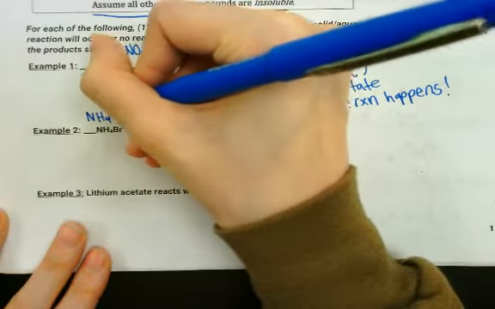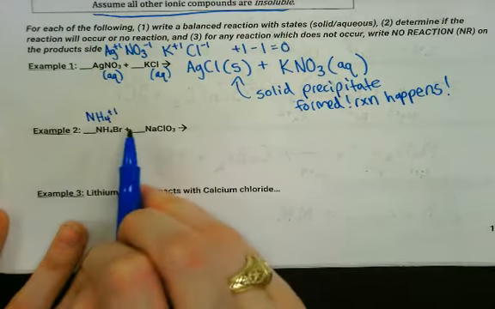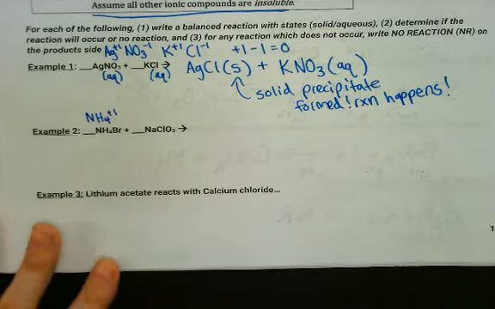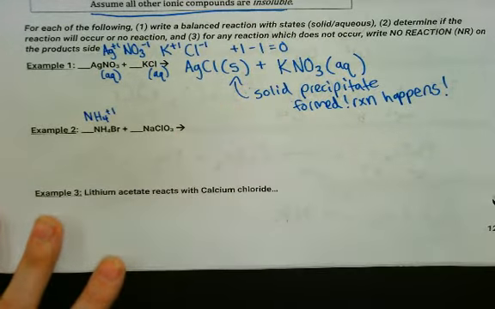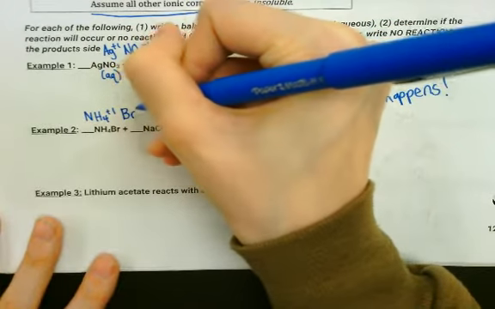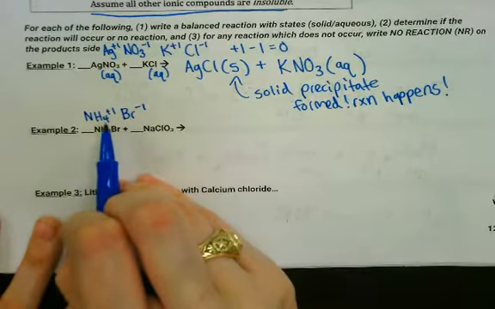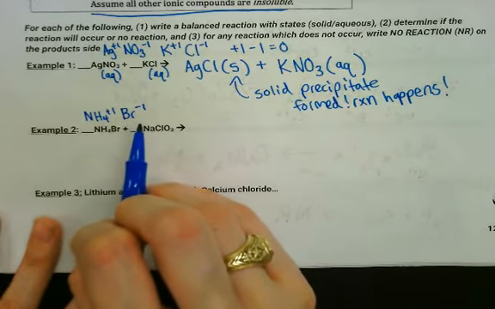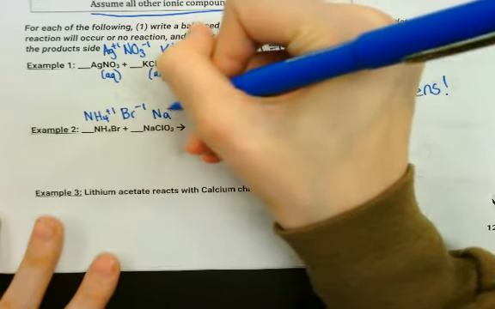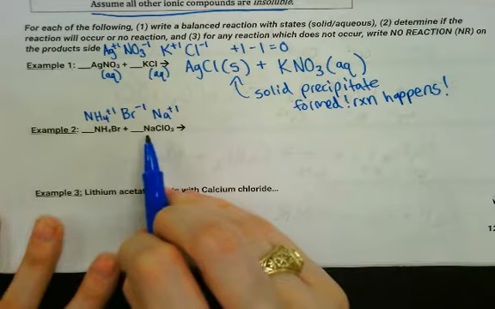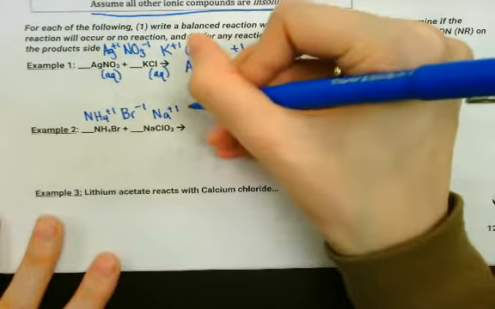As I did with my first example, I'm going to write out all my ions so I know how to write my final formula when my cations swap. I have ammonium with a +1 charge. My bromide ion will have a -1 charge. My sodium ion will have a +1 charge.